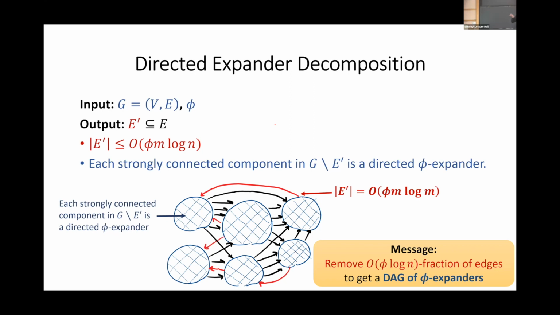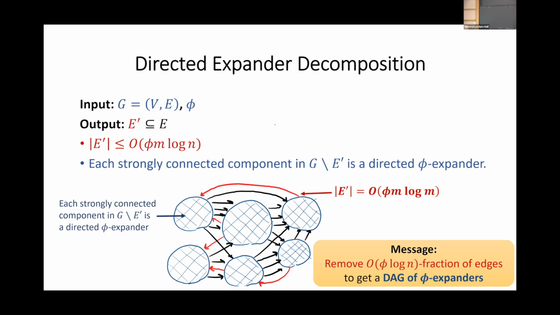If you keep doing this, you will get the following object, which can be defined like this. You have a graph and a parameter phi, and now the output is some set of edges E prime. Think of E prime as the edges that you cut, the edges along the sparse cut. This E prime is going to be small, a phi fraction of things.